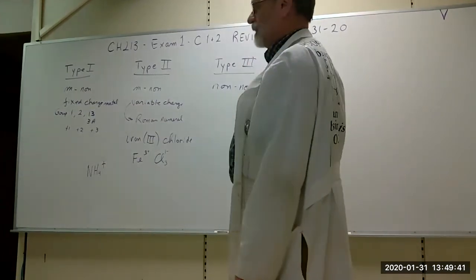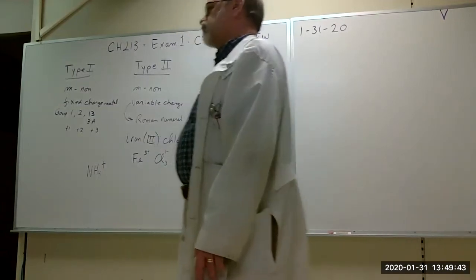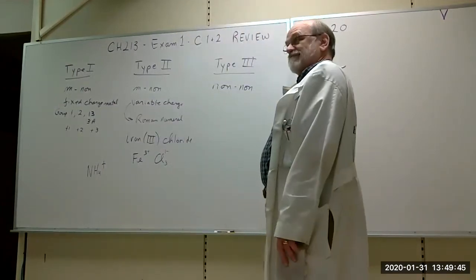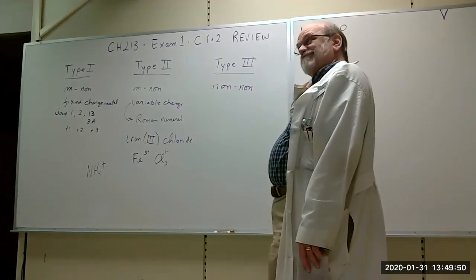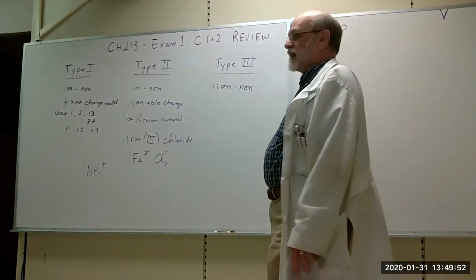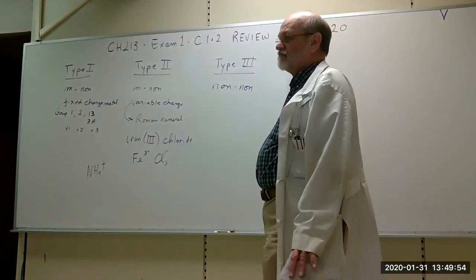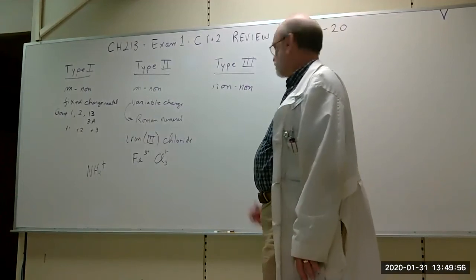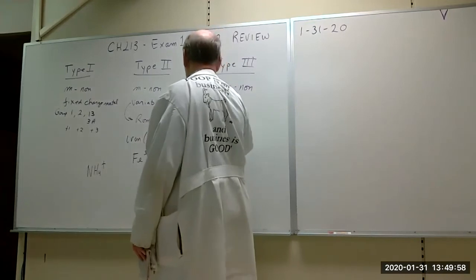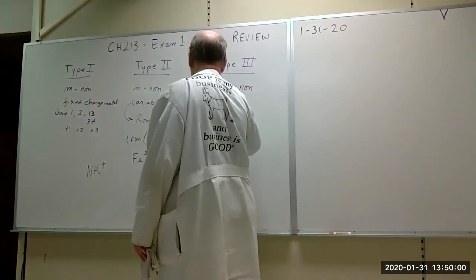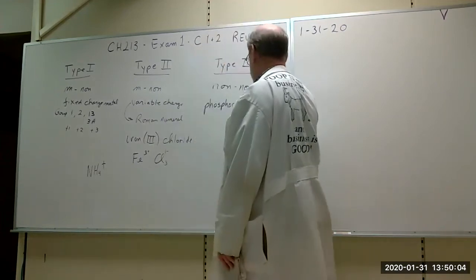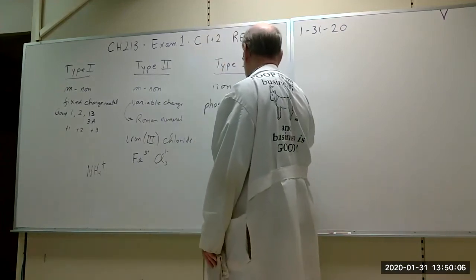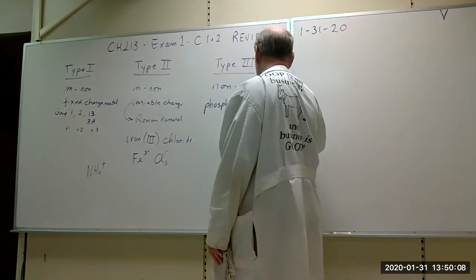So non-metal, non-metal. So we can have, I don't know, let's say, this one, phosphorus tribromide.